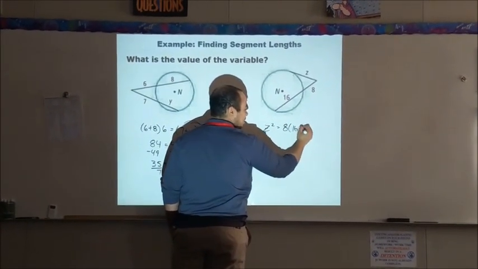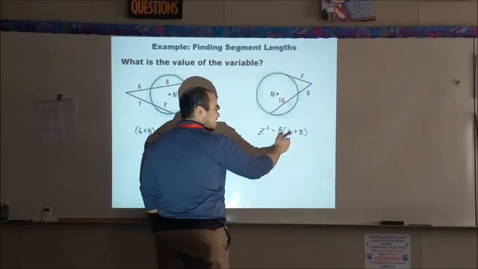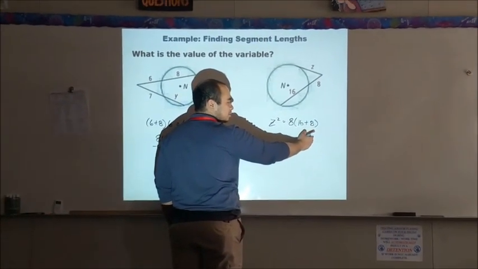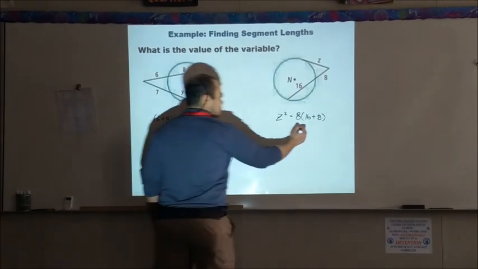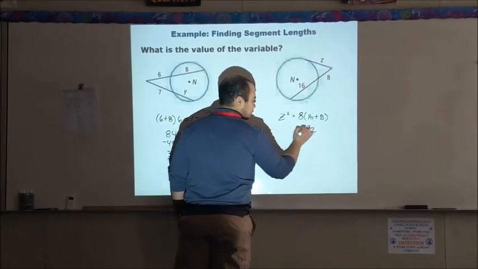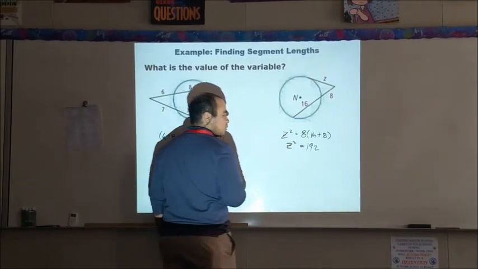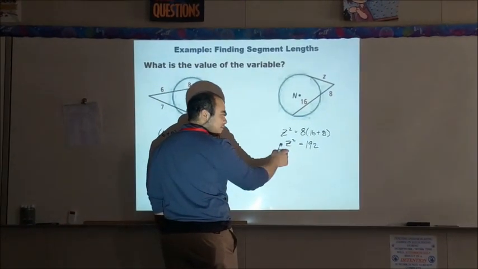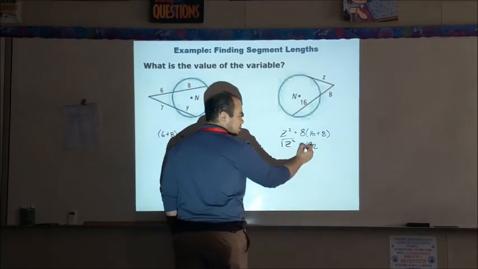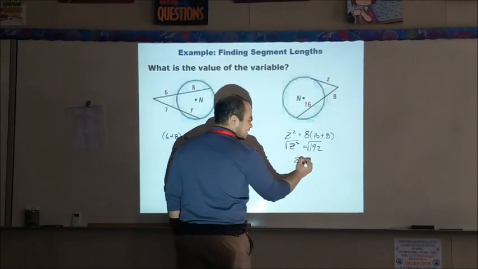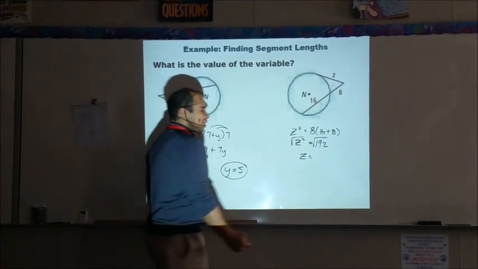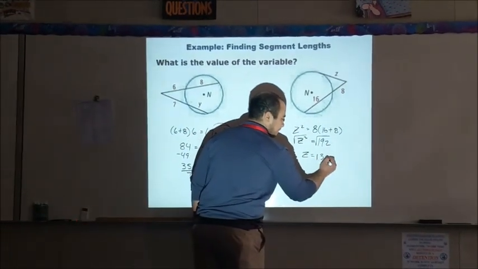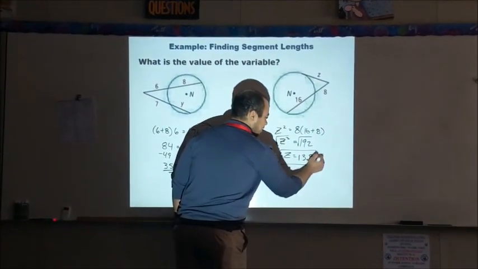So 16 plus 8. 16 plus 8 is 24. 24 times 8, I don't know off the top of my head, but I figured it out. 192. So z squared equals 192. To get rid of a squaring, we square root both sides. So in this case, z is going to equal, well, the square root of 192 is right around 13.9. So that's the length of z.